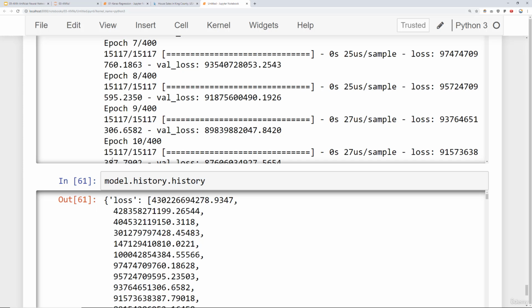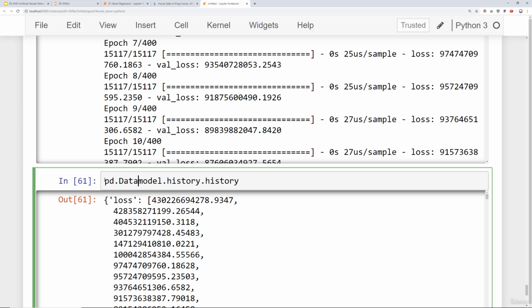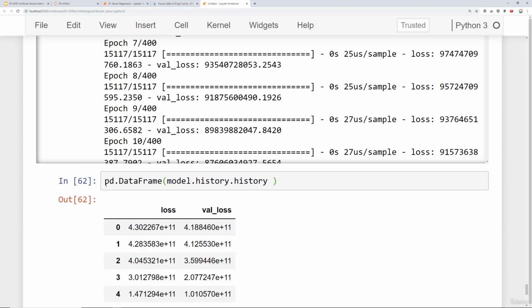However, because we passed in the validation data tuple, when I convert this to a data frame, I get not just my loss on my training set, but also another variable called val_loss. This is my loss on that test set, that validation data. Now I can directly compare the loss on training versus the loss on test or validation in order to see if I'm overfitting to the training data.